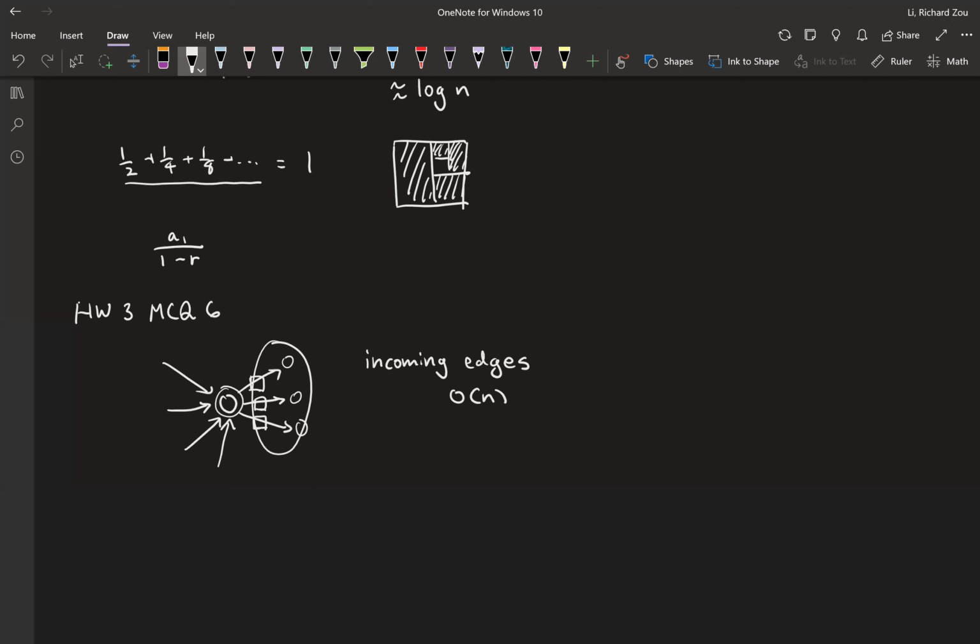And this also means that, regardless of this, in the worst case for how many outgoing edges there are, we can draw one to each other node. So there's also O of n worst case. But it seems here that the answer is O of m times n, which is probably because I'm missing something here.